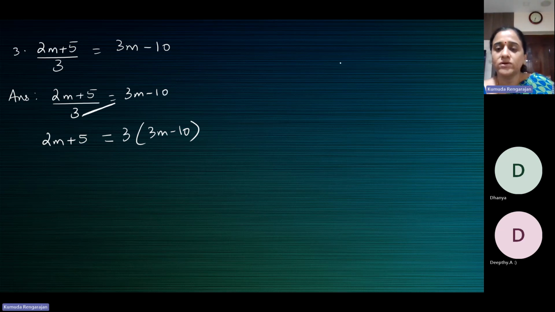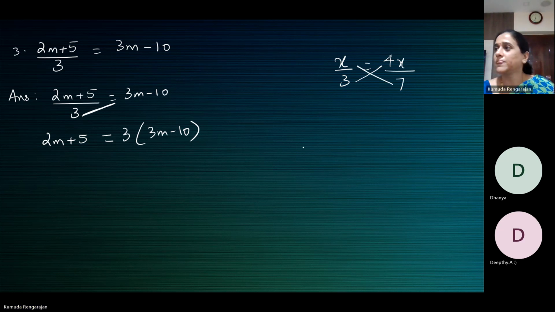Now, supposing you have x by 3 is equal to 4x by 7. Look at the left hand side, x by 3. Nothing further can be done. Right hand side, 4x by 7. Nothing can be done. So here you can cross multiply. So how do we do that? Multiplying like this.